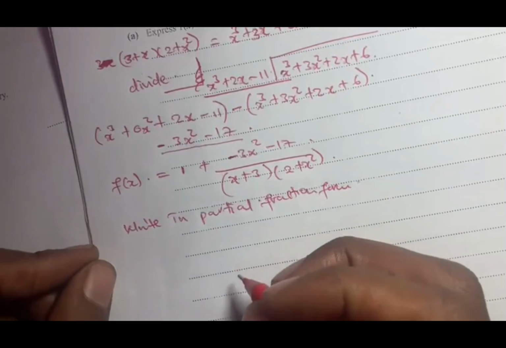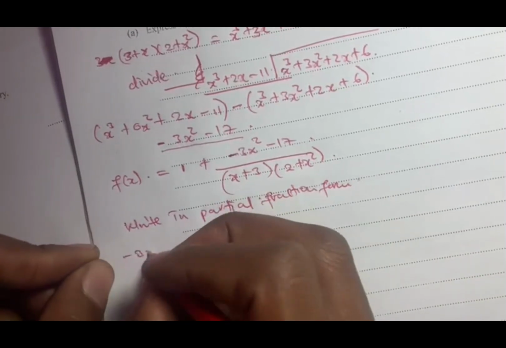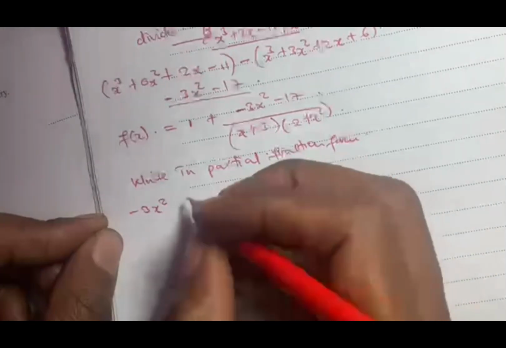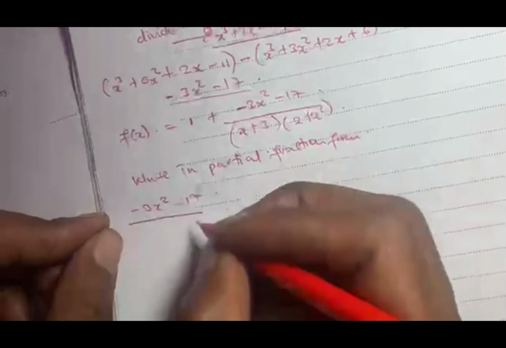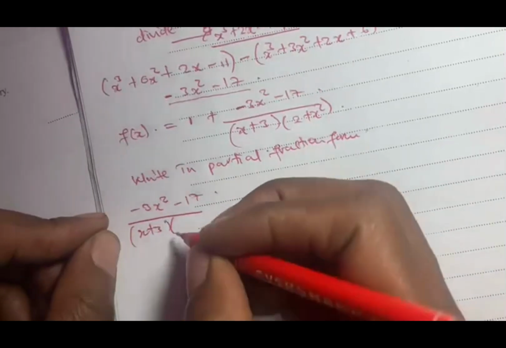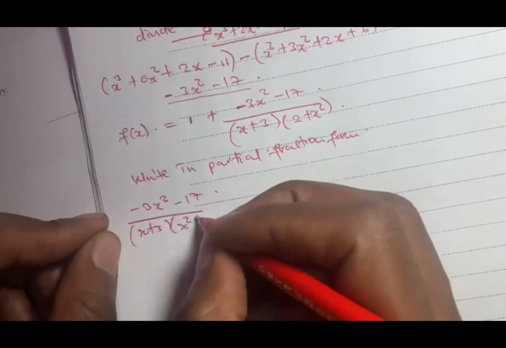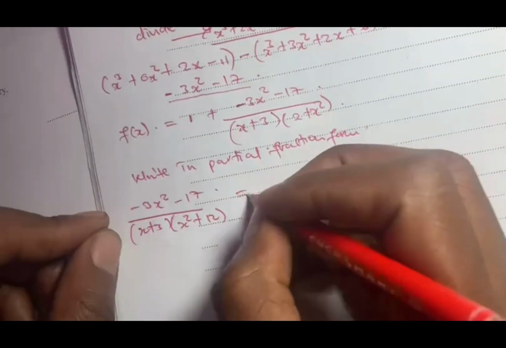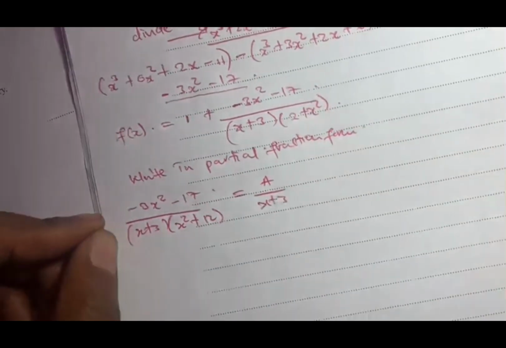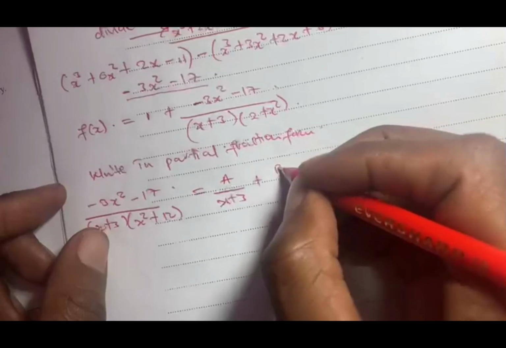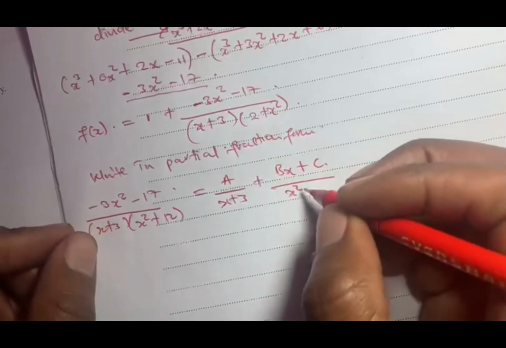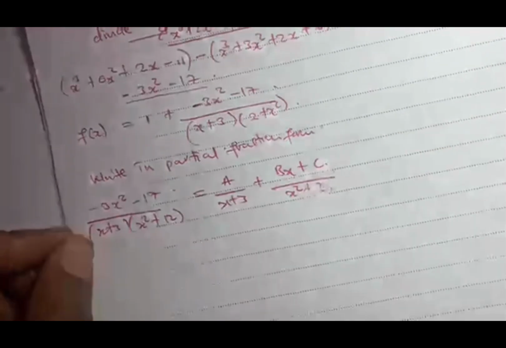So in partial fraction form, minus 3x squared minus 17 all over x plus 3 times x squared plus 2 is going to be in the form a over x plus 3 plus bx plus c over x squared plus 2.